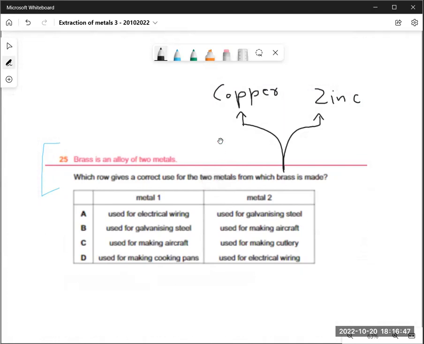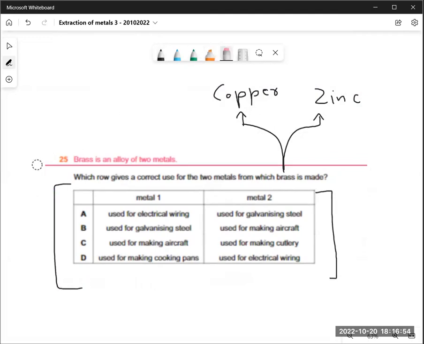Now, can you tell me what is the use of copper and zinc? A, B, C, D. Safa, what is the use of copper?